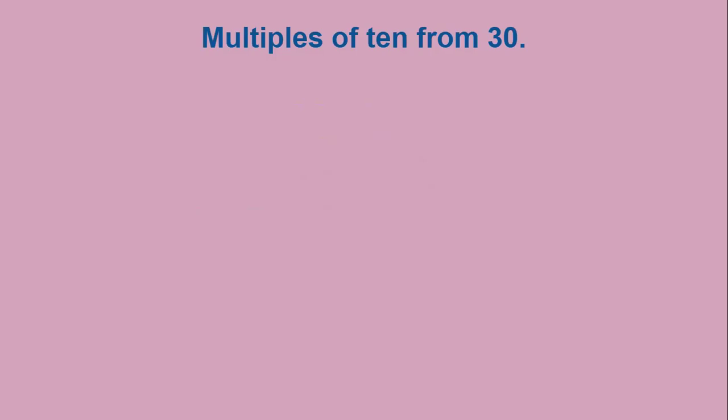But let's not focus too much on the math part of it for now. What we need to do is to learn how to say them and what those multiples of 10 are, from 30. Let's jump right into it.